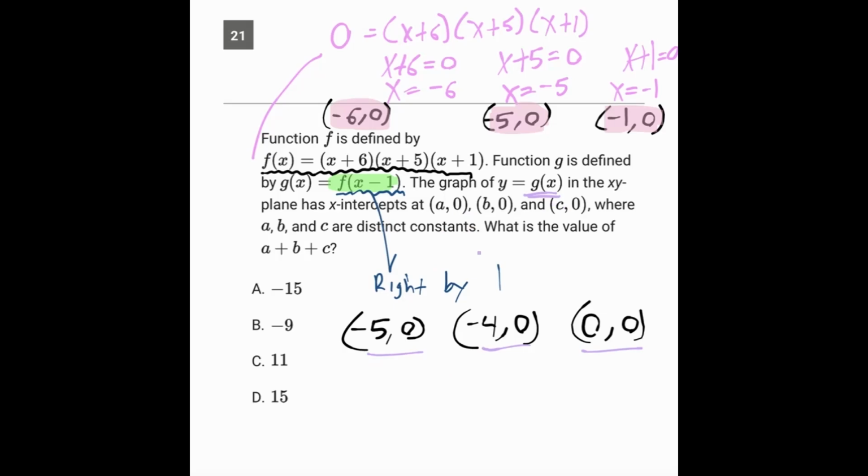And that means that according to the a, b, and c that they're giving us, a is -5, b is -4, and c is 0. A plus b plus c would be -5 plus -4 plus 0, and that comes out to -9, which is B.